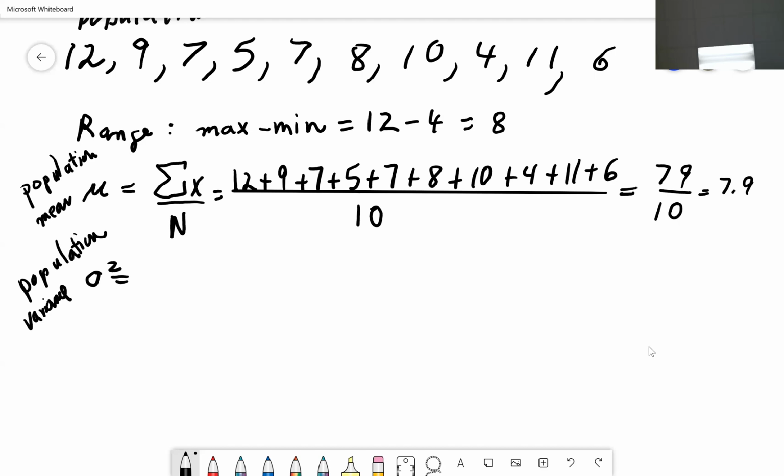And so the population variance is the sum of x minus mu squared divided by N. So it means find your deviation, which is x minus mu, square each of the deviations, which will make them all positive, and then add them all up. And after that, you divide by the total amount of numbers. So this is the average of the squared deviations. This is a type of average.